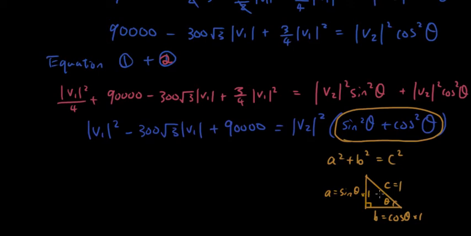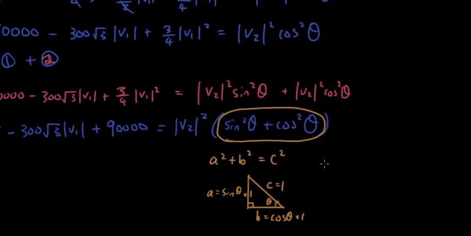So sine squared theta plus cos squared theta is equal to 1 squared, so this just equals 1. It's a trigonometric identity: sine squared theta plus cos squared theta is equal to 1.